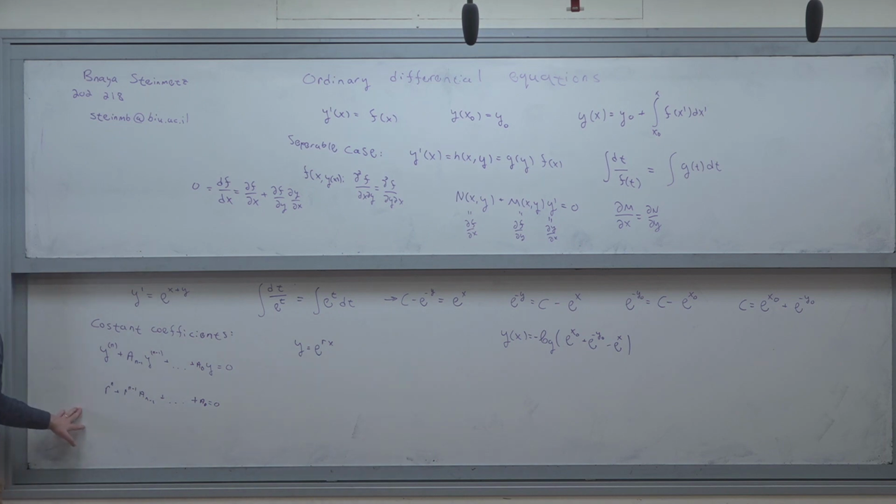If it is easy as an algebraic equation, then it is as easy as a differential equation. If this algebraic equation is hard to solve, then this differential equation will be hard to solve.